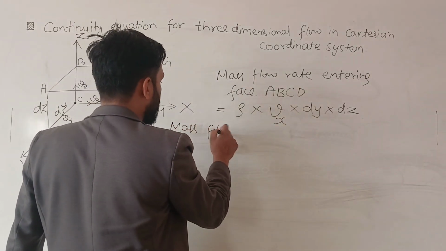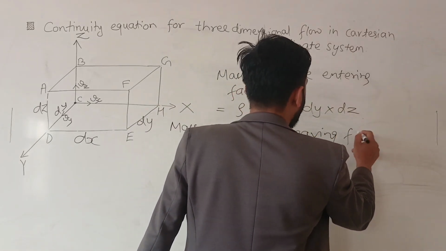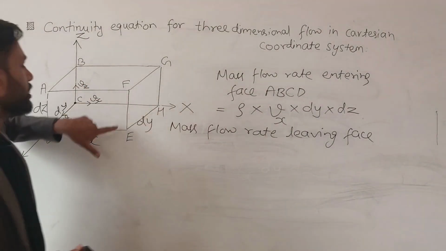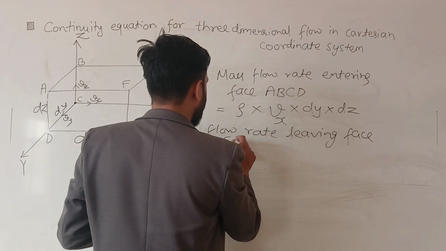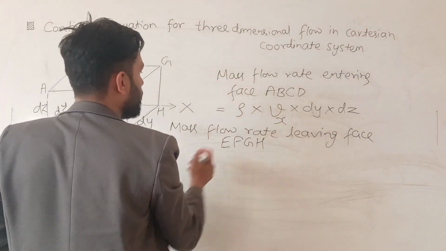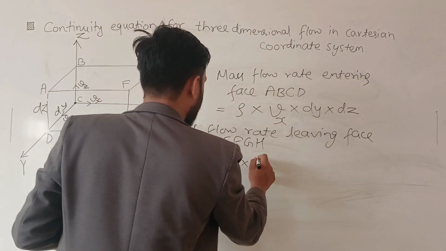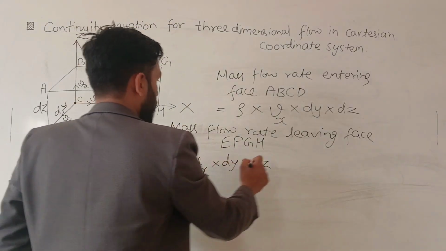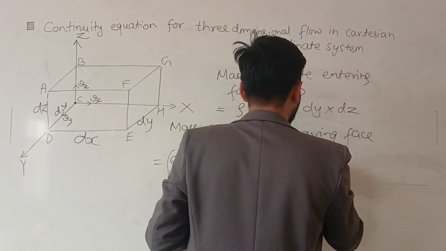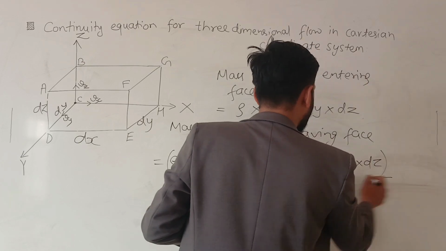The mass flow rate leaving face EFGH is the mass flow rate entering, that is rho into Vx into dy into dz, plus del(rho Vx dy dz) divided by del x.